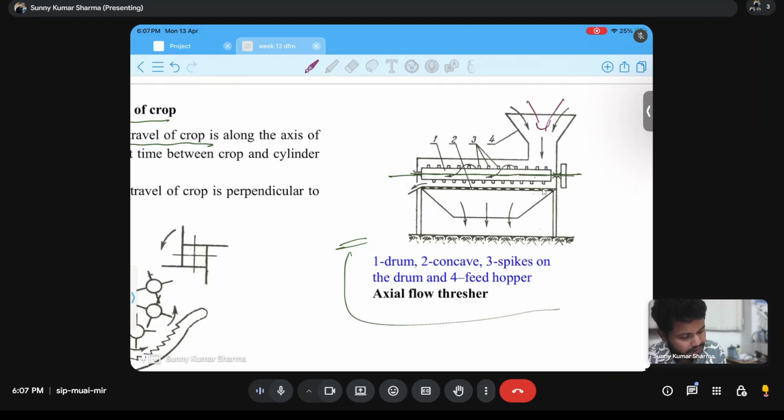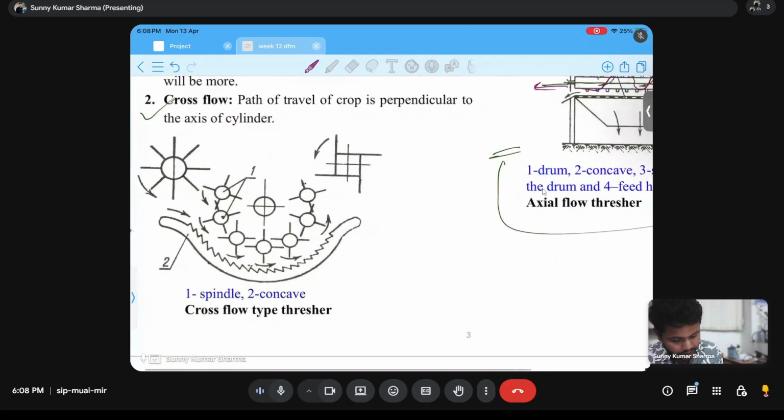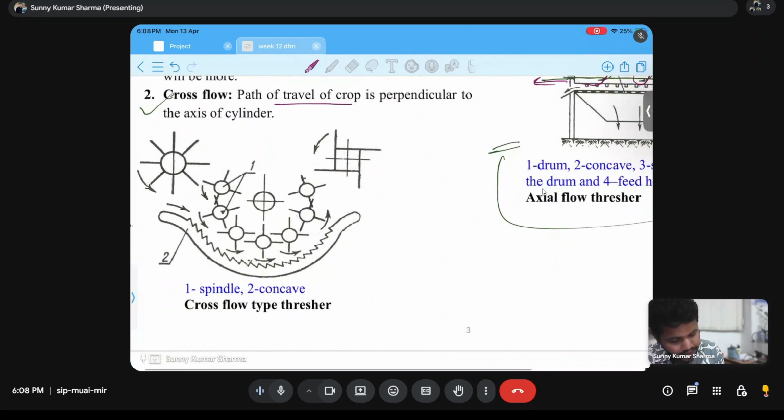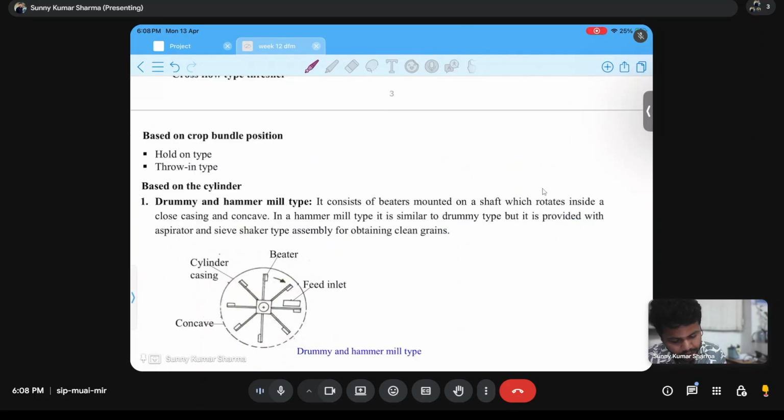Here the crop is entering, and it is flowing along this axis of the cylinder, and it is coming outside. What happens in cross flow is the path of travel of the crop is perpendicular to the axis of cylinder. So this is the axis of cylinder, and its perpendicular direction is along this. So this is based on the path of travel of the crop.